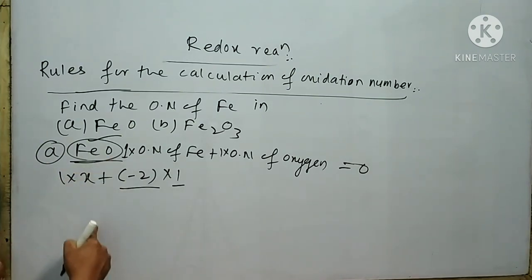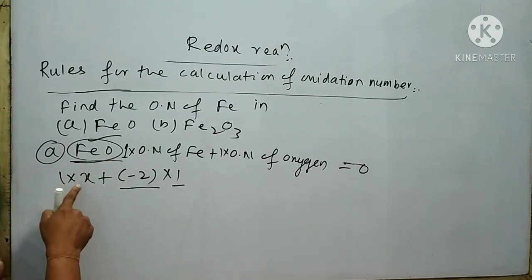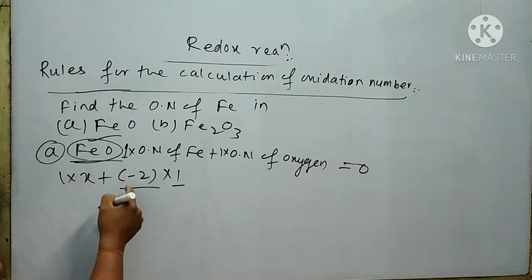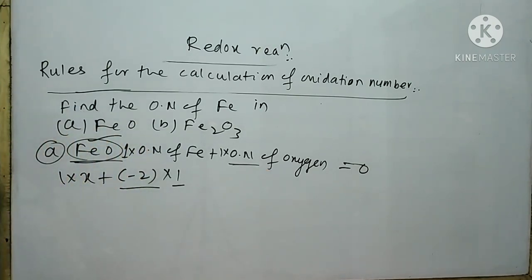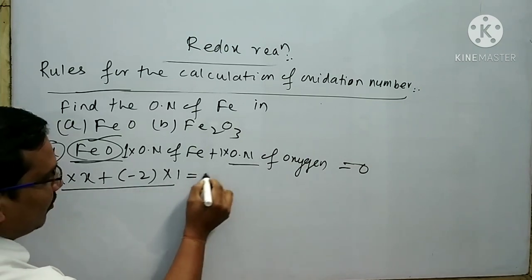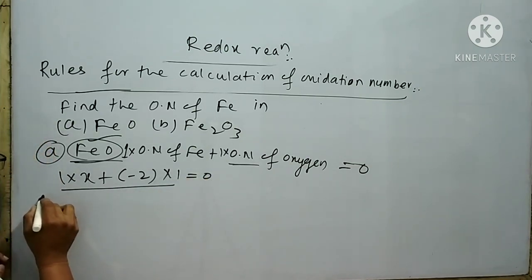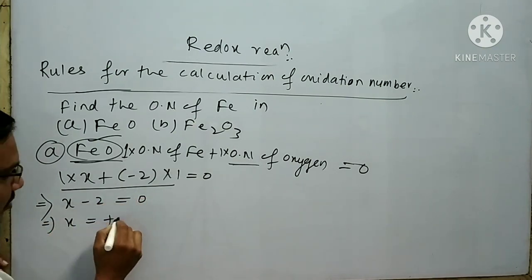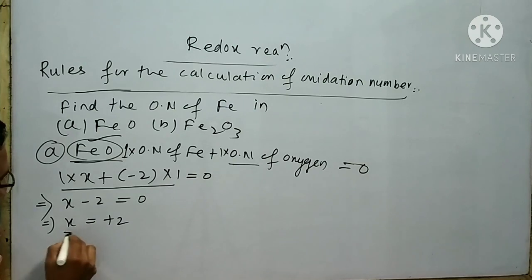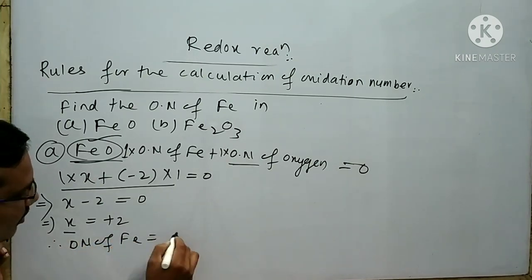In FeO, the oxidation number of iron is taken as X. So 1 into X plus minus 2 into 1, because the oxidation number of oxygen is minus 2, equal to 0. This implies X minus 2 equal to 0, so X is equal to plus 2. Here X is the oxidation number of iron, so the oxidation number of iron equals plus 2.